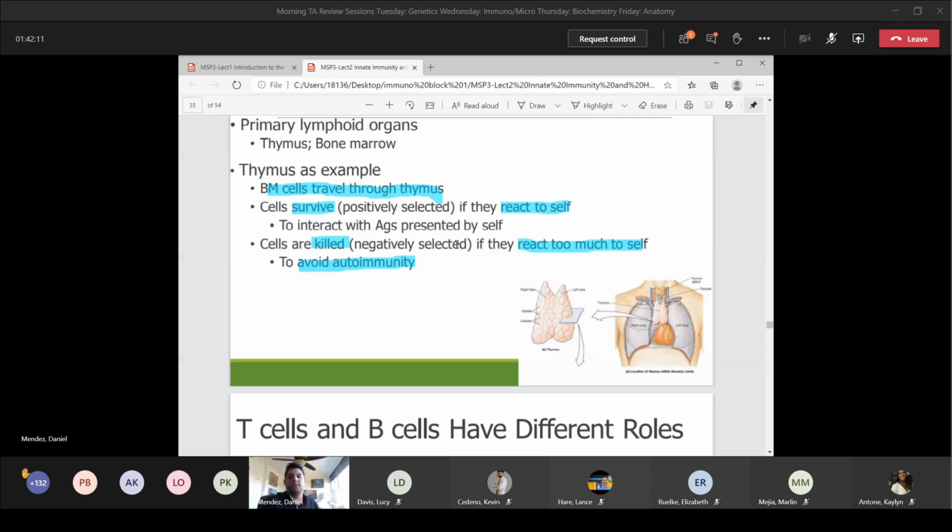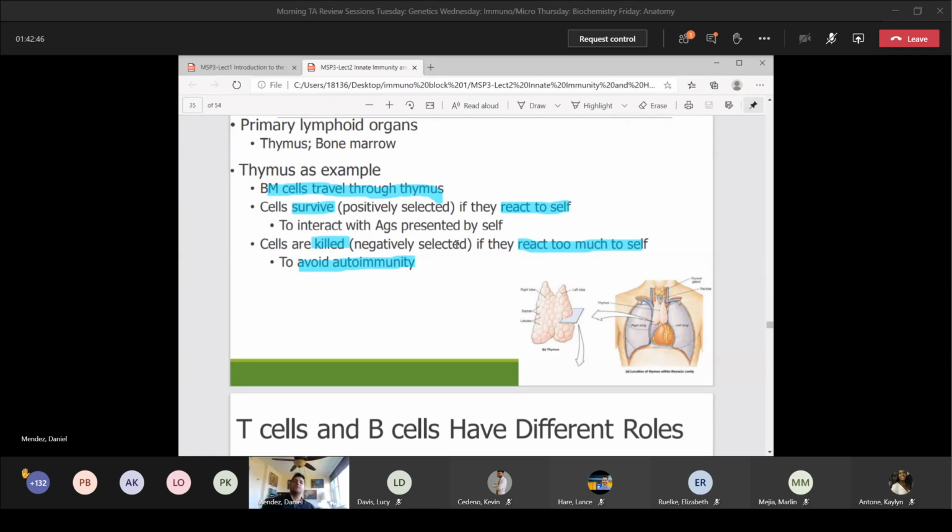If it reacts a little bit, so if it starts a small immune response, or it reacts by releasing cytokines. So if you present that T cell with a specific antigen from a normal cell surface in the thymus, and that T cell then releases a few cytokines, now it's reacting to self. They're showing a reaction to being presented with that antigen. If you present it with that same antigen and it releases a lot of cytokines, and then it attempts to phagocytize or induce apoptosis to that Treg, the cell that presented the antigen, then that's autoimmunity.